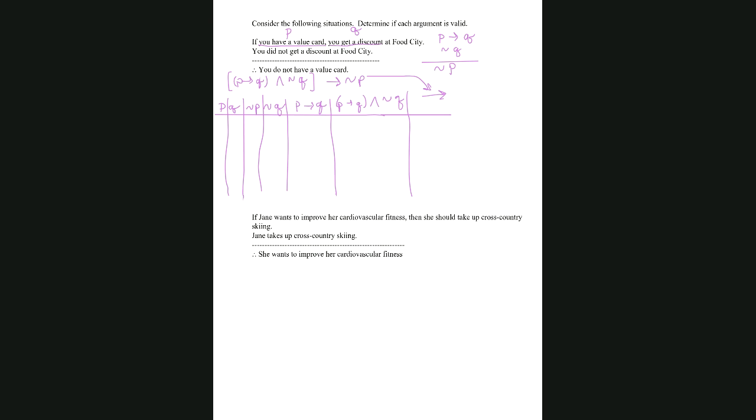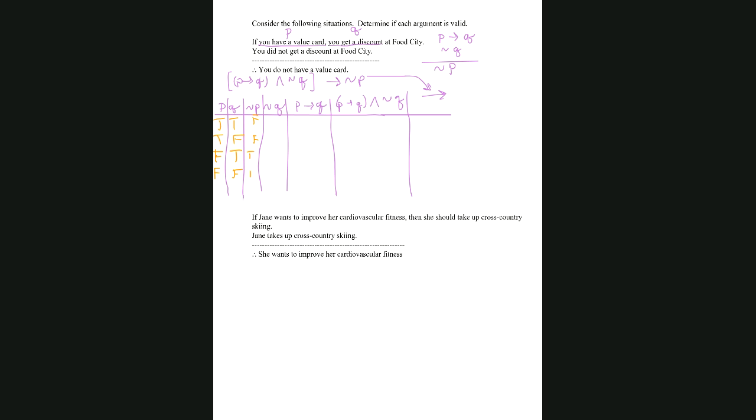So the only thing I have to worry about is the situation where P and Q are both true. P can be true, Q can be false. P can be false, Q can be true, or they both can be false. Okay, so not P is going to be the opposite of P. So true, true, false, false means I have false, false, true, true.